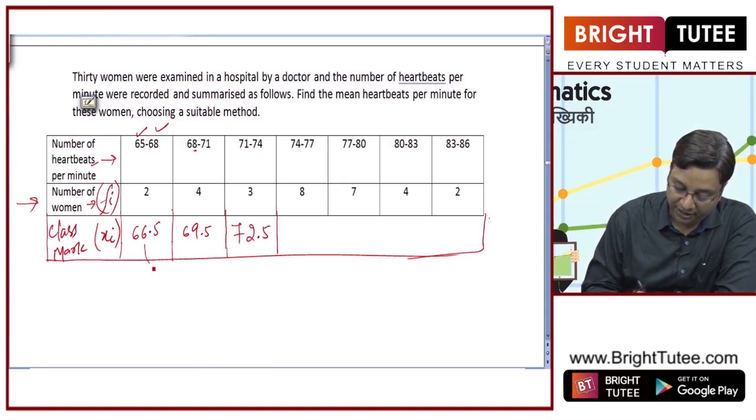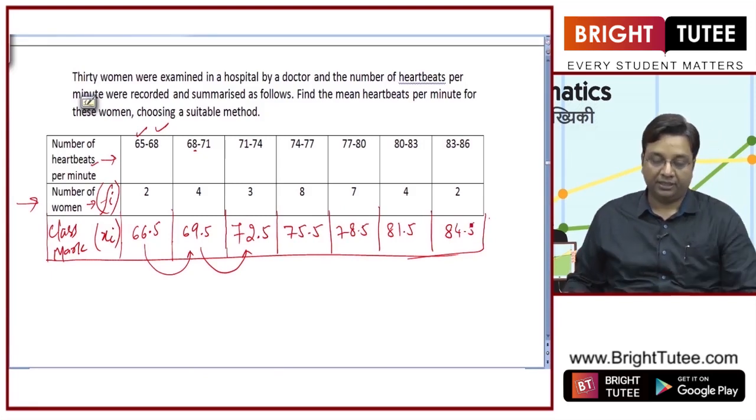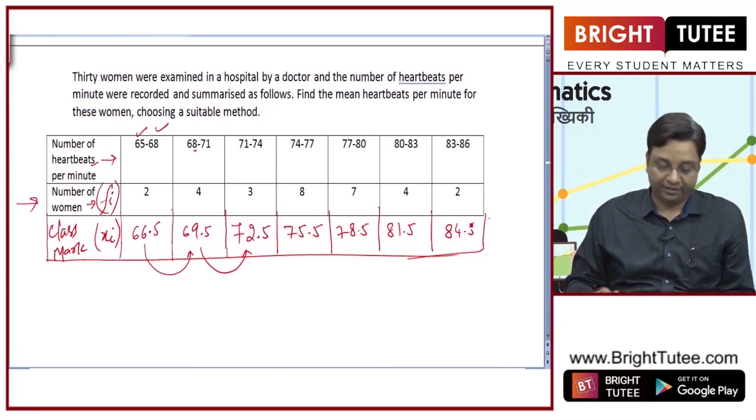So it is differing by 3. So it will give me 75.5, 78.5, 81.5, 84.5. Right. So these are the class marks that I have.